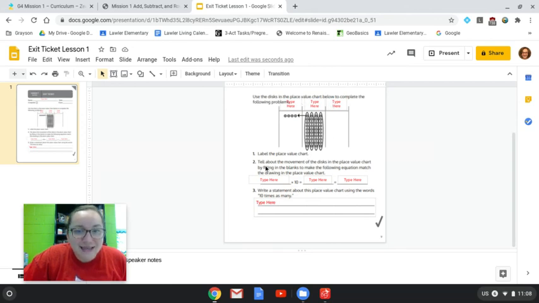Then it says, tell about the movement of the disk in the place value chart by filling in the blanks to make the following equation match the drawing in the place value chart. So first you're going to put this here. And what's really cool is, what did they start with before they multiplied by 10? That's what you've got to think about.